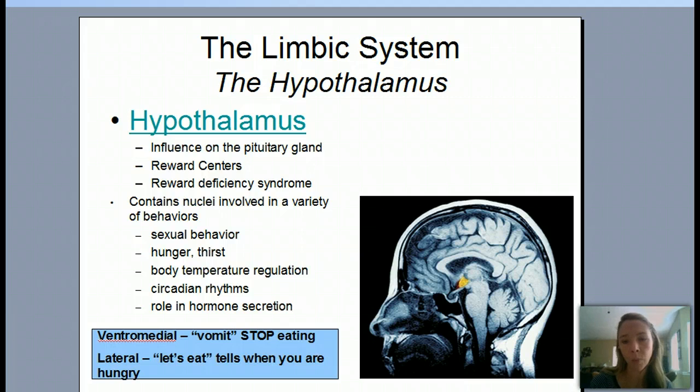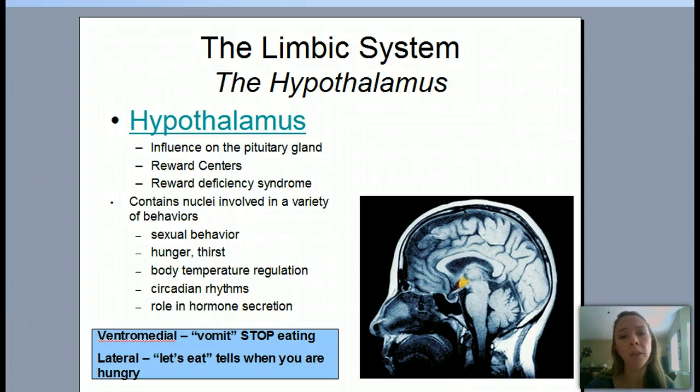Now, the other part of our limbic system, the hypothalamus, we've already talked about in our endocrine system, but now let's talk about what it has to do with our limbic system. So the hypothalamus, hypo meaning below, the thalamus, all right? So remember the thalamus, the relay station. My hypothalamus is just below. The biggest part you need to know about the hypothalamus is that it is in control or influence on the pituitary gland. We talked about that with development and releasing hormones.